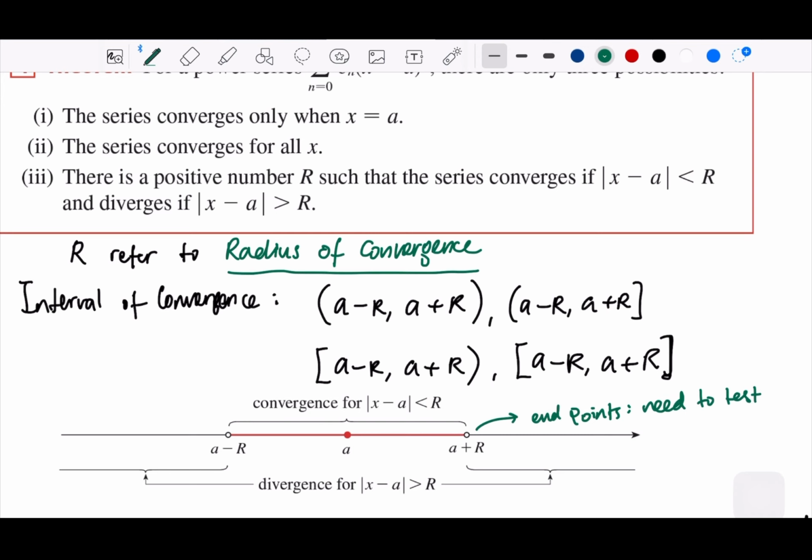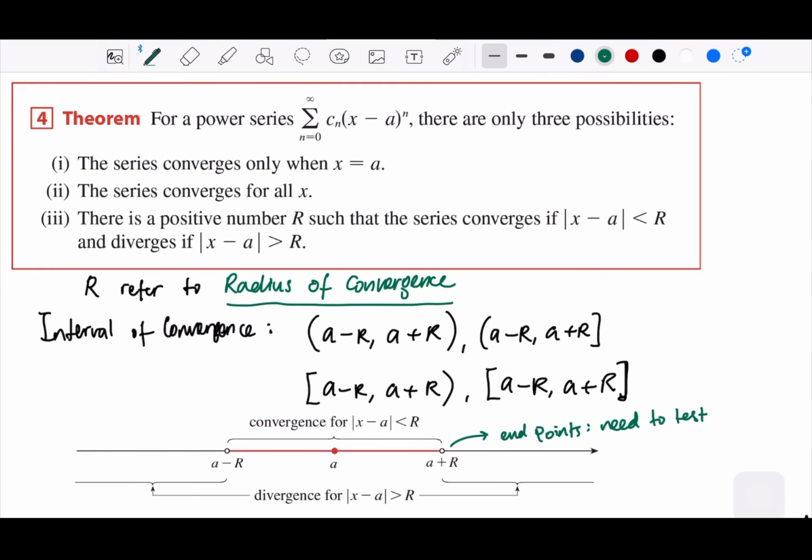So again, how to process all of this? If you see this from the possibilities here, the first thing you need to do is take the ratio test, and then check the ratio, and you can have this tree. You can check the result. If the series converges only when x equals a, then that's your answer. Stop there. And if the series converges for all x, that's your result.